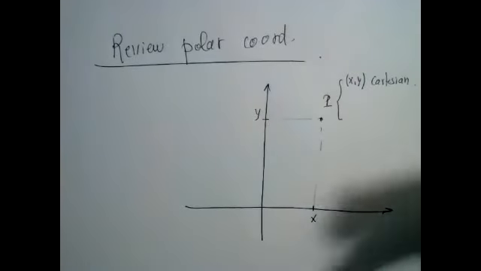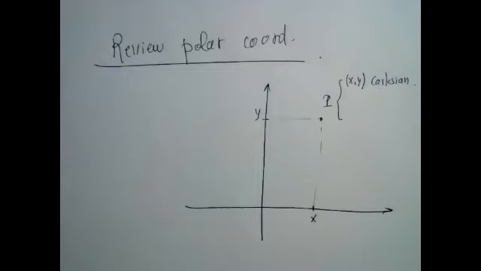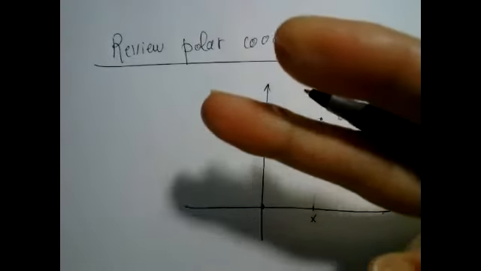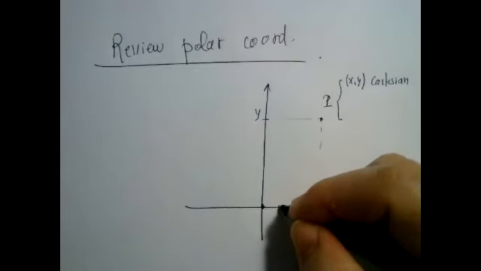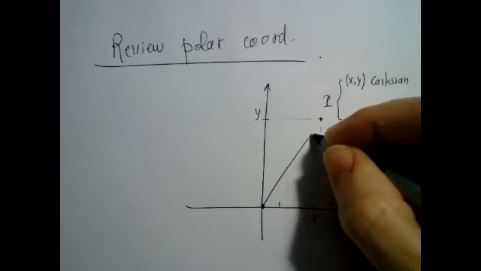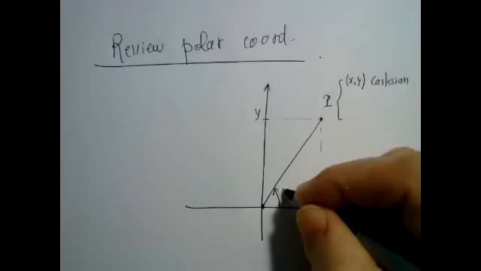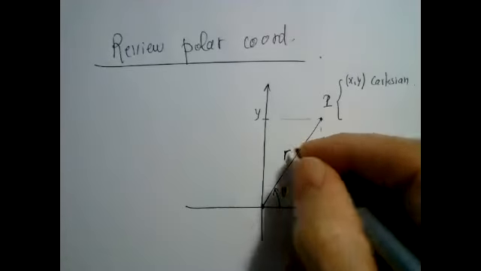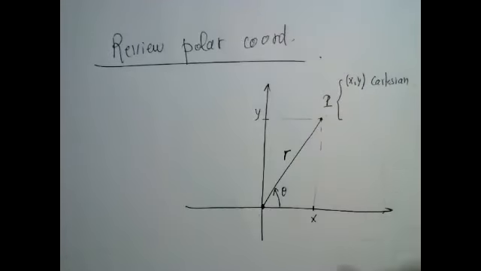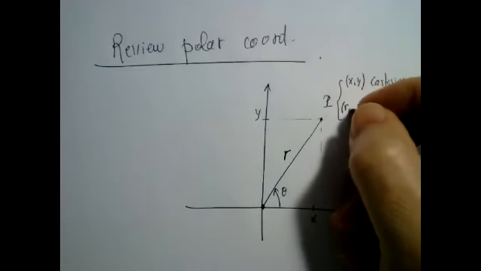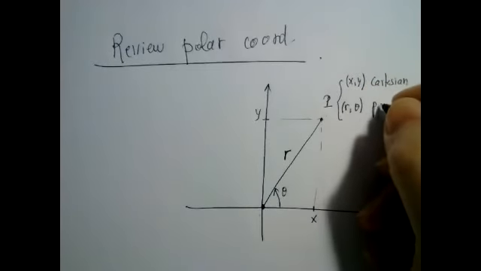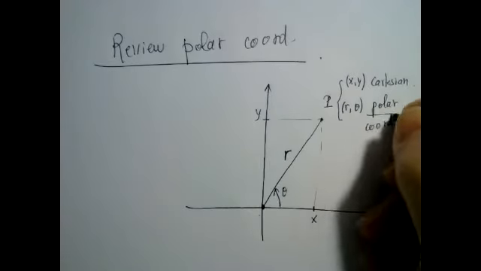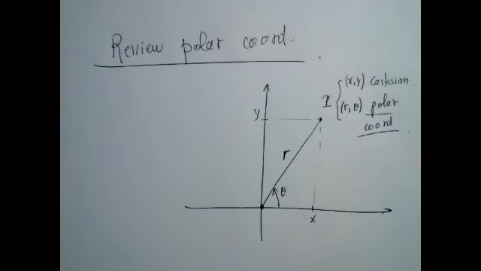Then every point has a new way to locate it. If I give you the following two pieces of information, the angle that OP forms with the positive x-axis, and the distance from 0 to P, then r and theta, those two, are called the polar coordinates.